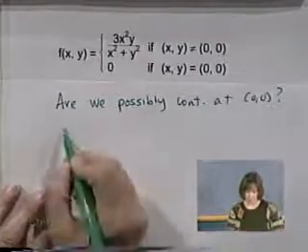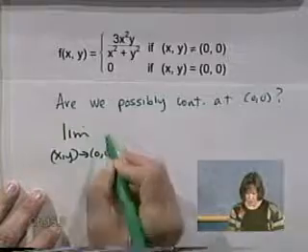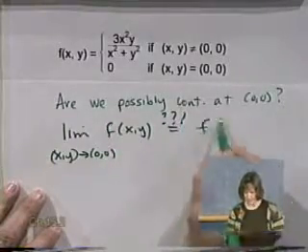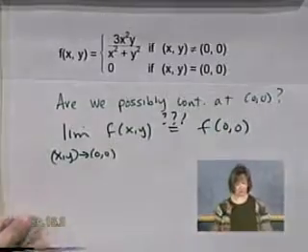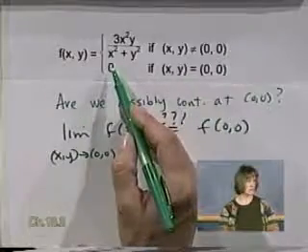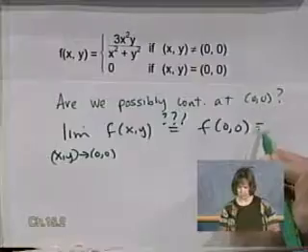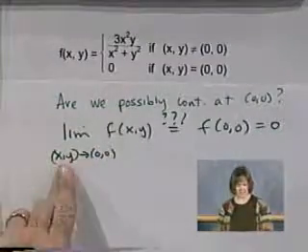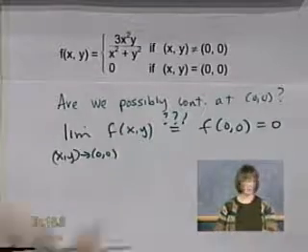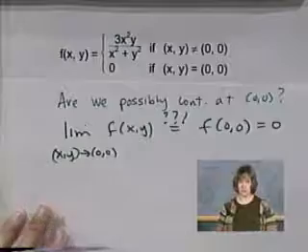You check continuity by taking the limit as (x, y) approaches (0, 0) of f(x, y) and see, do I get f(0, 0)? What is f(0, 0)? f(0, 0) is defined to be 0, right? Because if (x, y) is (0, 0), they're defining the function to be 0. So if the limit as (x, y) approaches (0, 0) equals 0, then we will be continuous at (0, 0). We already knew we were continuous every place else, so it would be at all of R2.